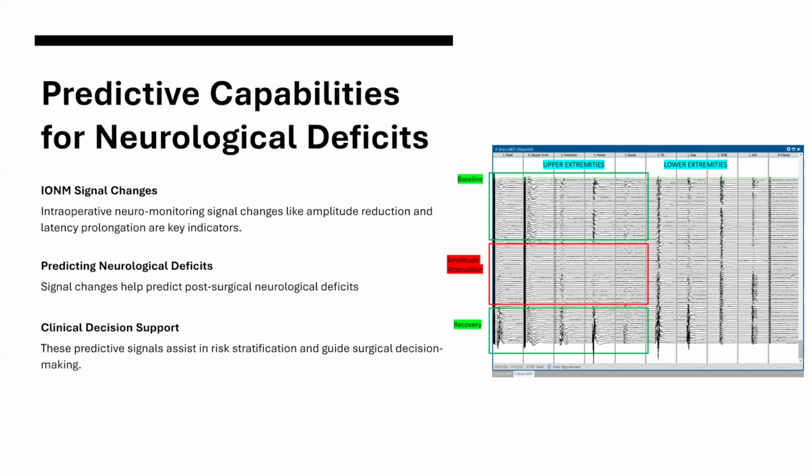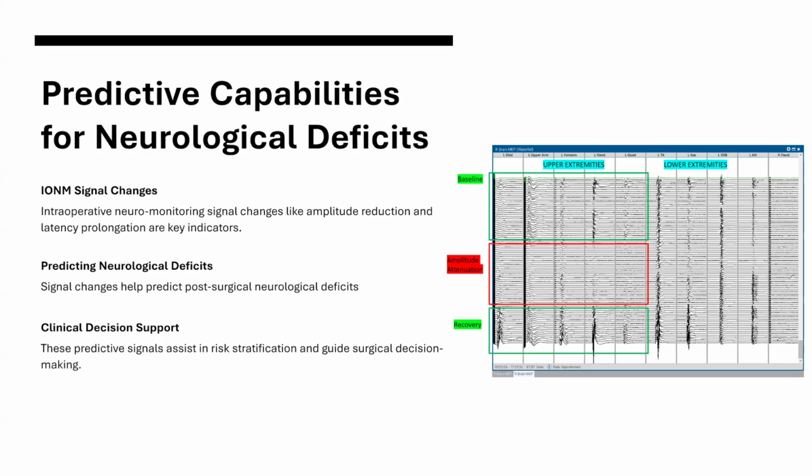There's also, as I mentioned a little earlier, latency. Latency is the time it takes from stimulation to the point where we see the waveform begin. If that latency starts to become prolonged over time, then there's a change to the nervous system, and the nervous system becomes a little weaker because of this prolonged latency, but really amplitude reduction is what we're focused on.